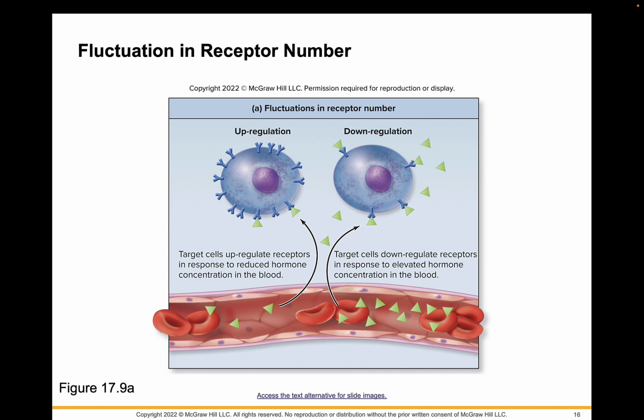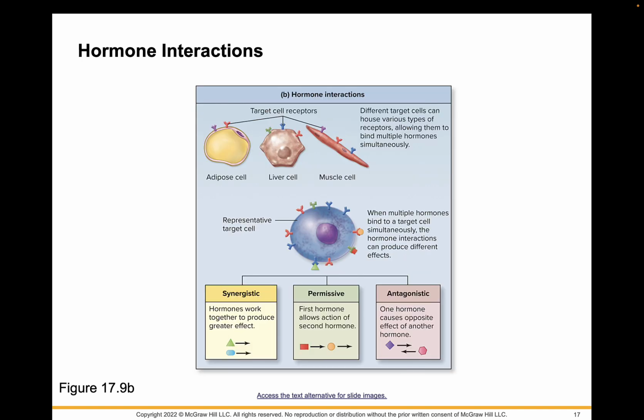The opposite of that is downregulation. So for example, for some reason, there is an increased level of that particular hormone, and the cellular response is going to be a decrease in the number of receptors. Since there is a high circulating concentration of the hormone, this cell is not going to require as many receptors to result in some activation due to the hormone we are addressing.